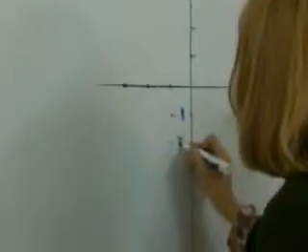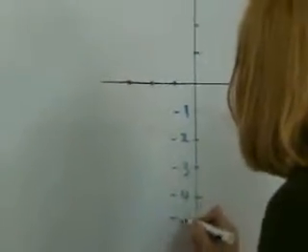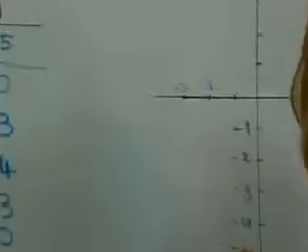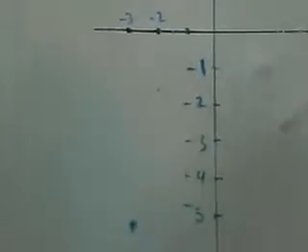Minus 3 for x and minus 5 for y. So minus 1, minus 2, minus 3, 4, 5. So here we have minus 5 for y and minus 3 for x. That is a value that's right down here. Okay, it's right down there.